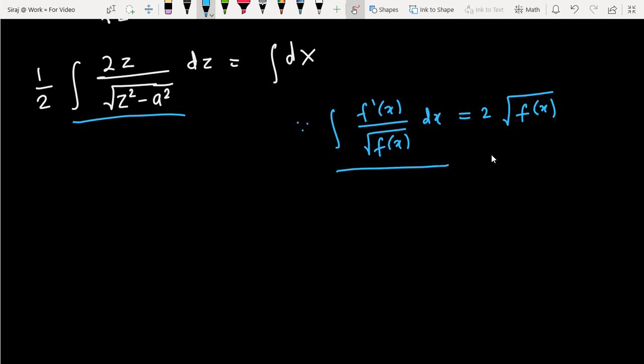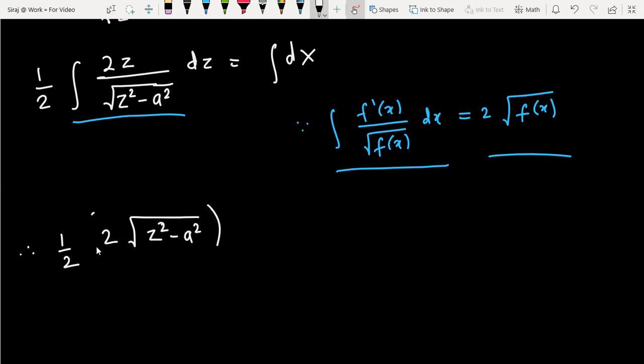So its integration will be 2 times root of f of x. So therefore we can write it as now 1 by 2 जो इंटीग्रेशन के बाहर था वो एज इट इज रहेगा, and integration of twice z upon square root of z square minus a square, it is 2 times the square root of z square minus a square, which is the function here.